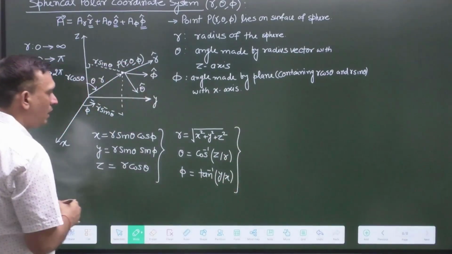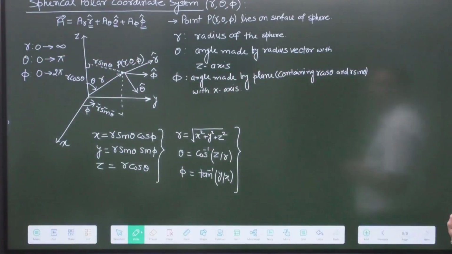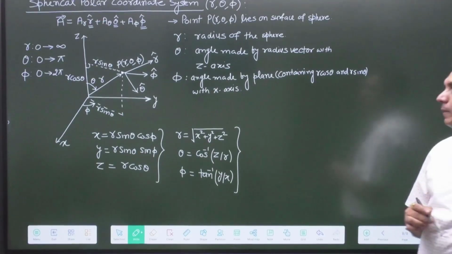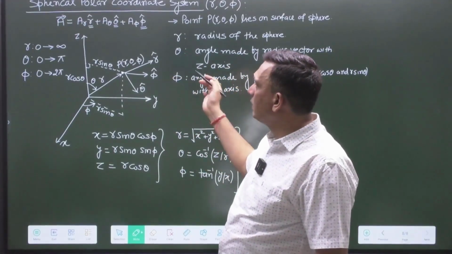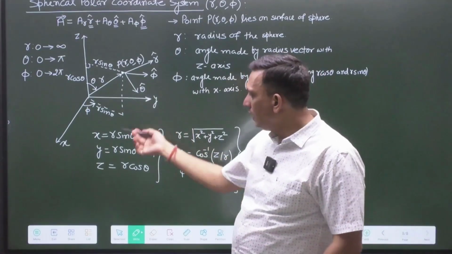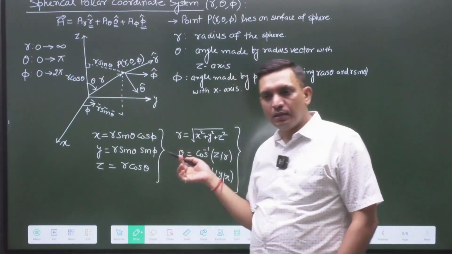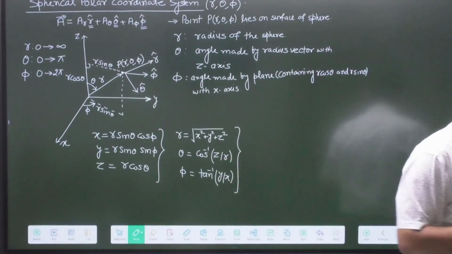So that is r theta phi in terms of x, y, z. That is the spherical symmetry. You know the direction of unit vectors, you know how to specify r theta phi, and how to write x, y, z in terms of r theta phi or r theta phi in terms of x, y, z.